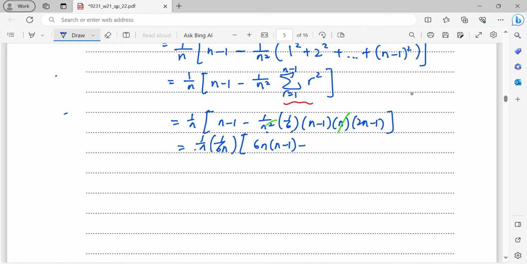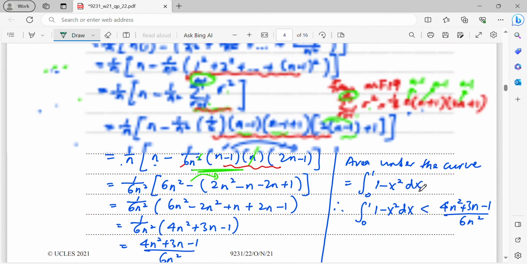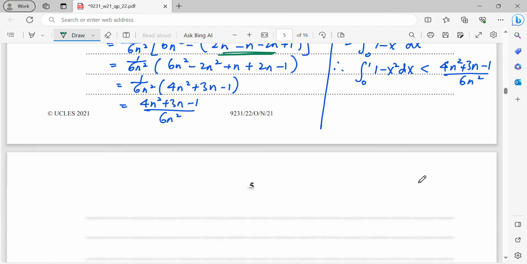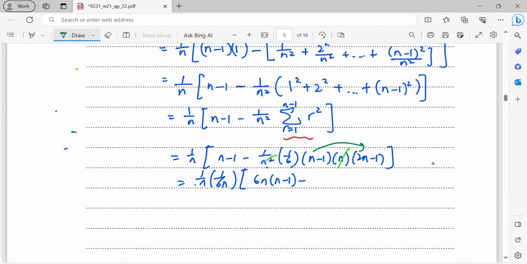Then here minus. Then for the n minus 1 times 2n minus 1, you can just copy the solution here. See? n minus 1 times 2n minus 1. Then I'm getting this, which is 2n squared minus 3n plus 1. So I will just write 2n squared minus 3n plus 1. Then here 1 over 6n.